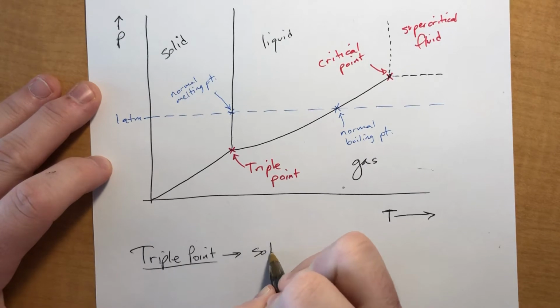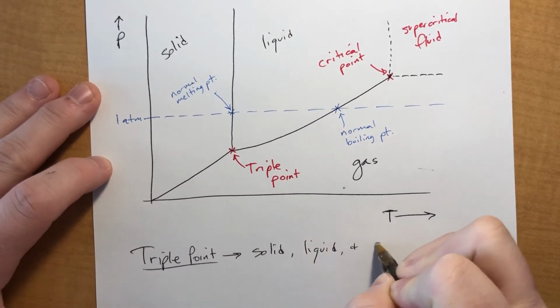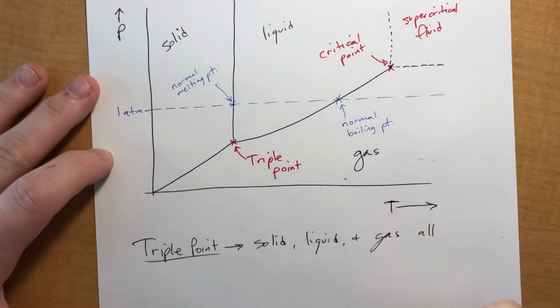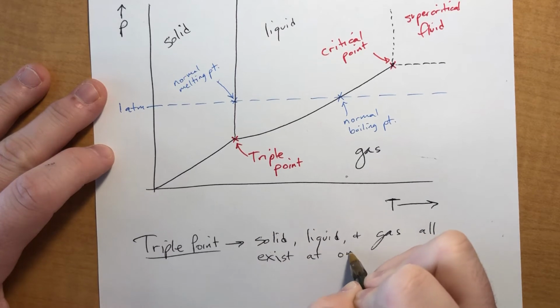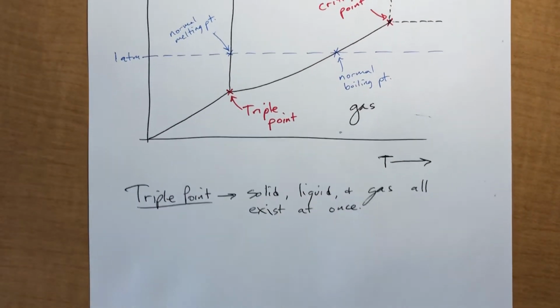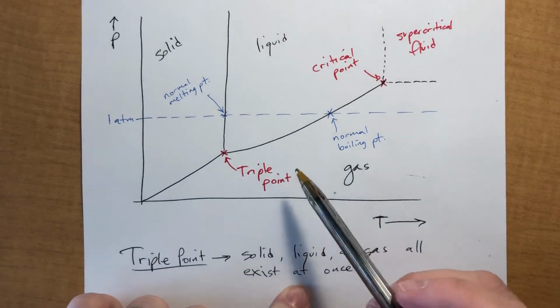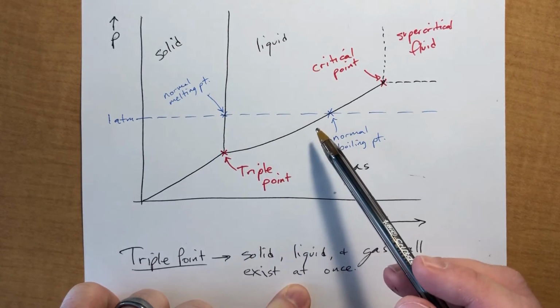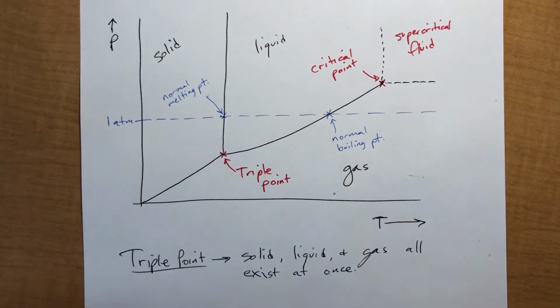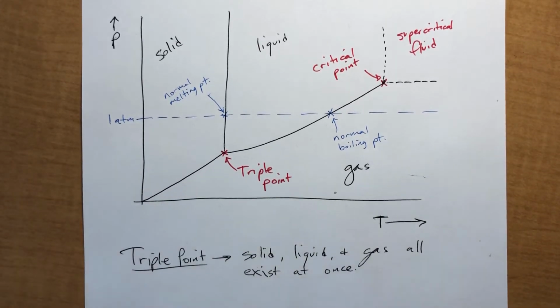So this is where the solid, liquid, and gas all exist at once. And it's a constant for any given compound. So we said you can use melting points for identification or boiling points for identification. You can also use triple points if you can find them for identification purposes. Every compound ever, every element has a specific triple point.